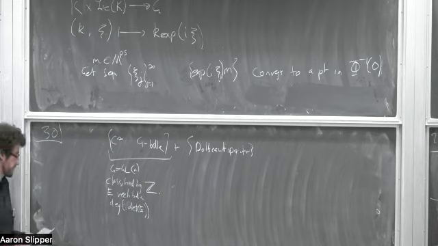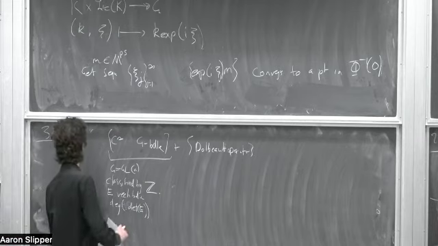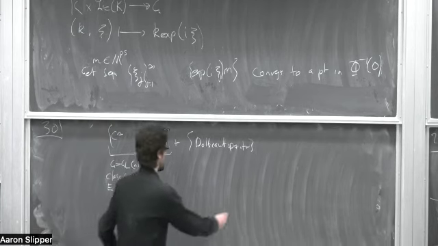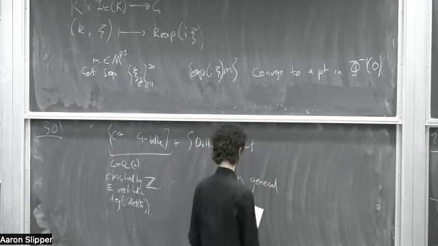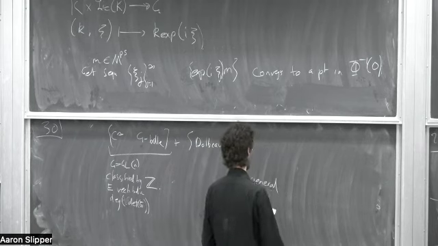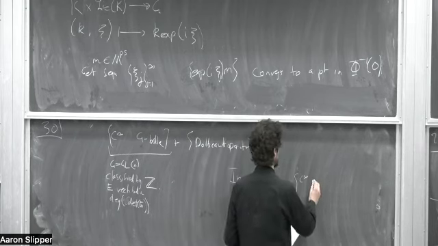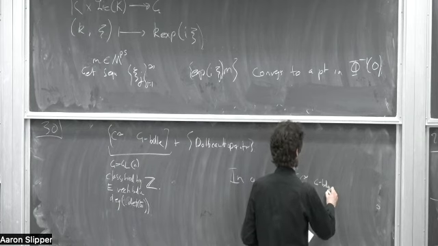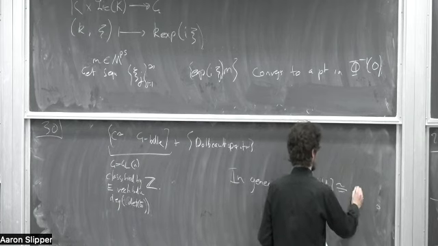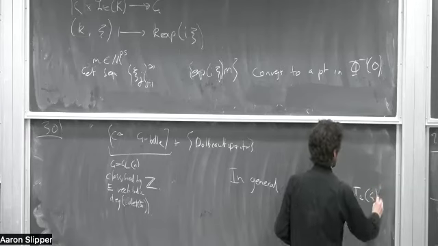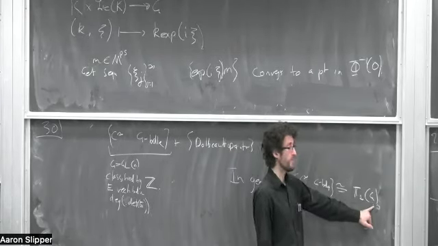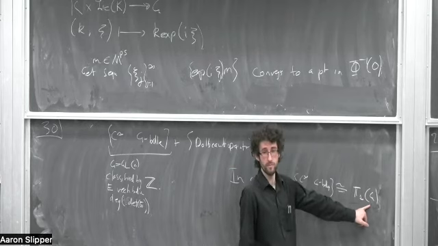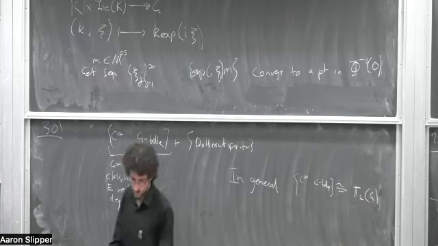More generally, the C infinity G-bundles, with here I mean isomorphism classes thereof, are classified by the fundamental group of G.